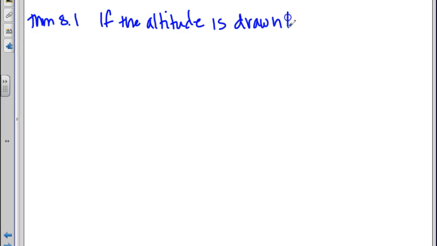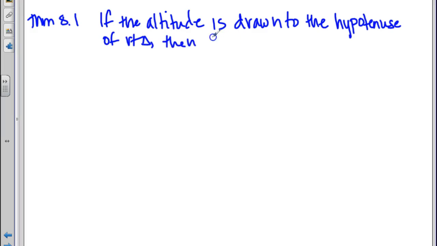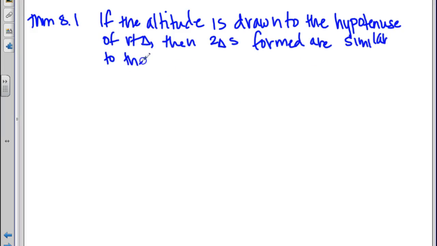So if the altitude is drawn to the hypotenuse of a right triangle, then the two triangles formed are similar to the original triangle and to each other.